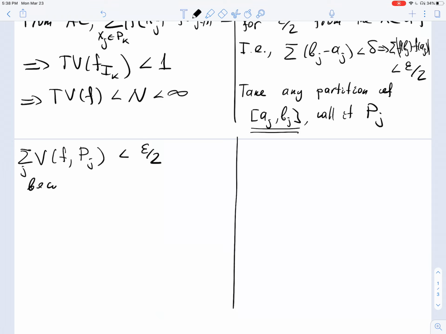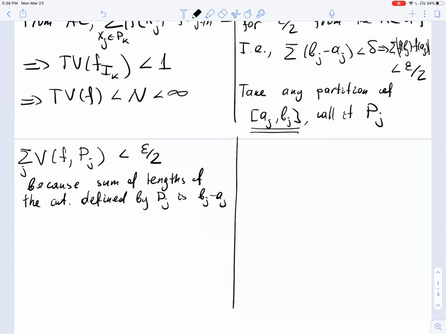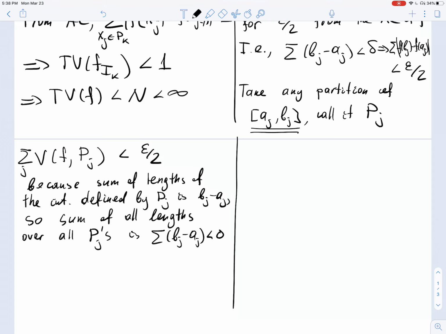Okay, because the sum of lengths of the intervals defined by Pj is exactly bj minus aj, so the sum of all lengths over all Pj's is this, which is less than delta.